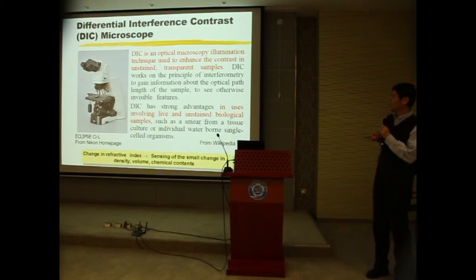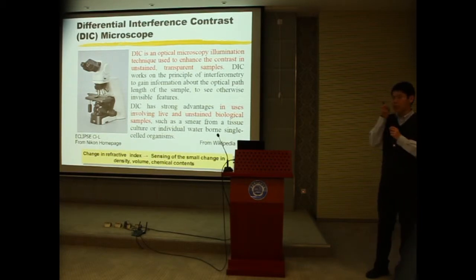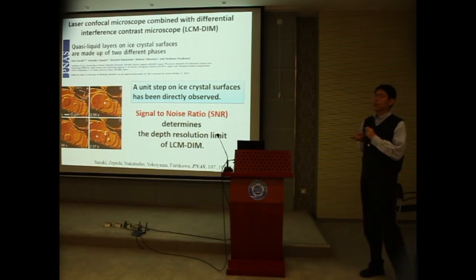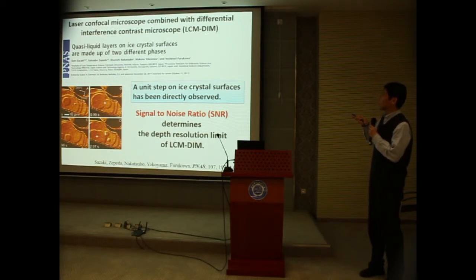And it is also important to note that DIC can not only be used to observe something, but it can be used to sense small changes in density, volume, or chemical contents in the medium. And this is one example of the application of DIC, especially the laser confocal microscope type differential interference microscope.